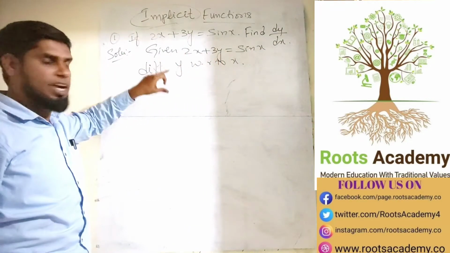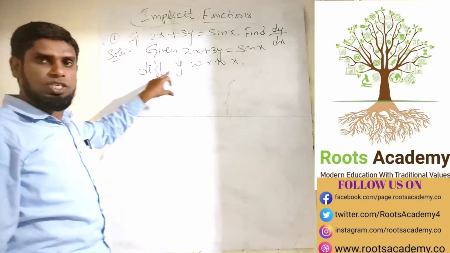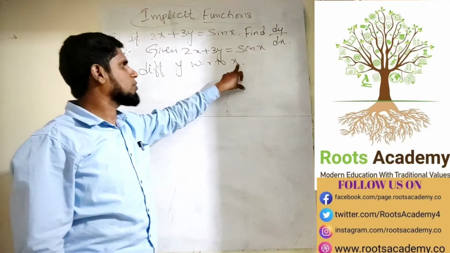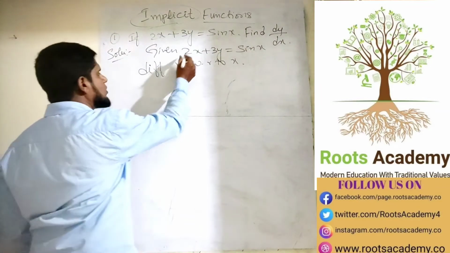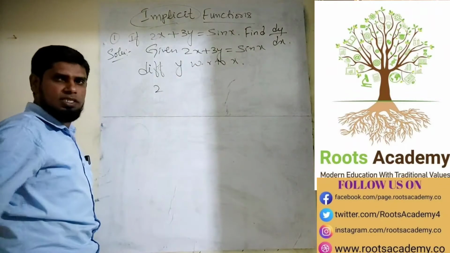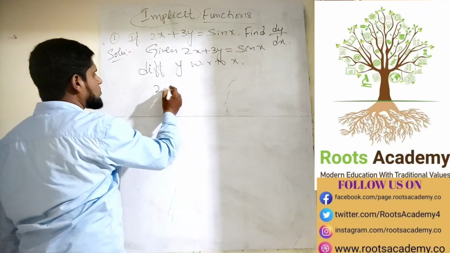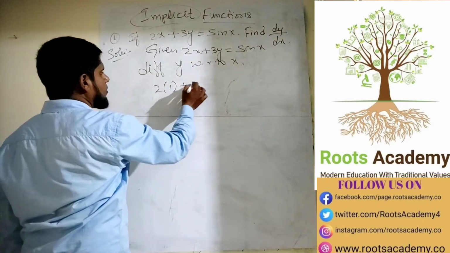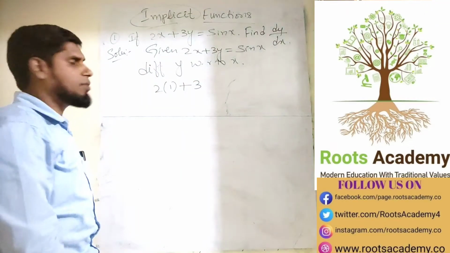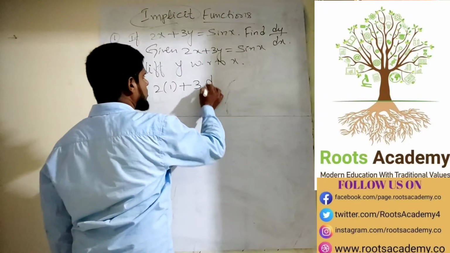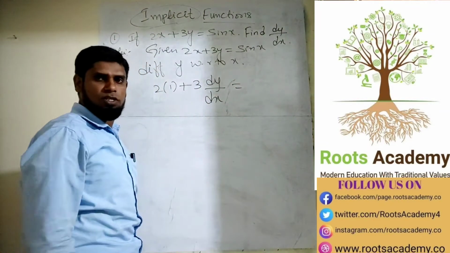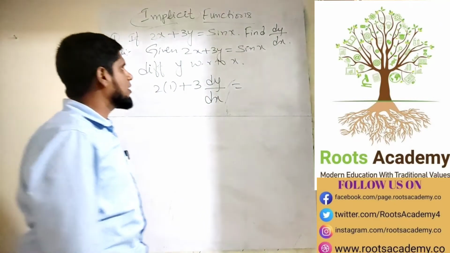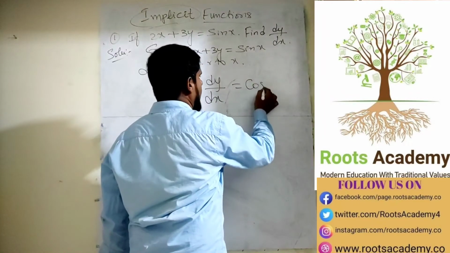So while differentiating, we should use differentiation of y with respect to x only. So what do we get? Coefficient as it is. The derivative of x with respect to x is 1, plus 3 times the derivative of y with respect to x, dy by dx, is equal to the derivative of sine, which is cos x.